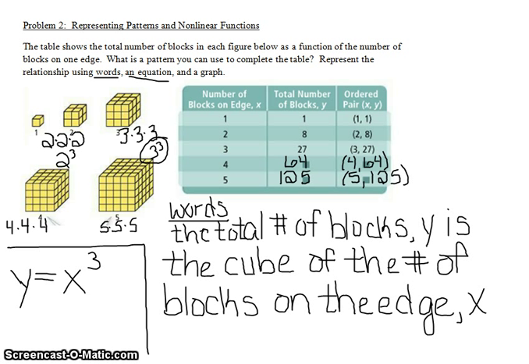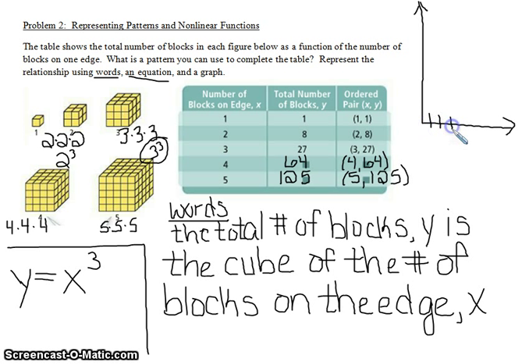So the last thing that we have to do is to graph this. We need to set up an x and y axis, and graph it. So I'm going to create an x and y axis. Notice that your x's are increasing 1, 2, 3, 4, 5, so that's pretty easy.